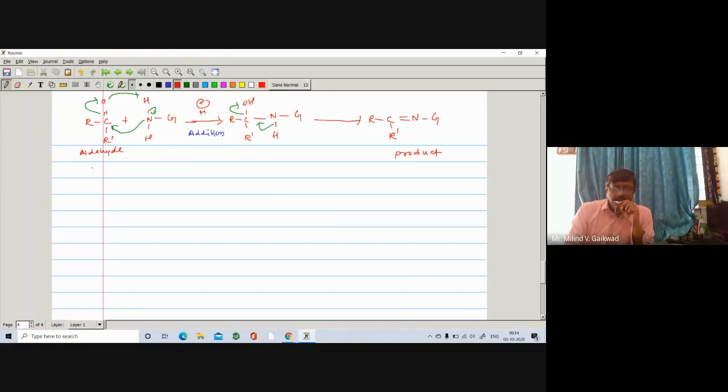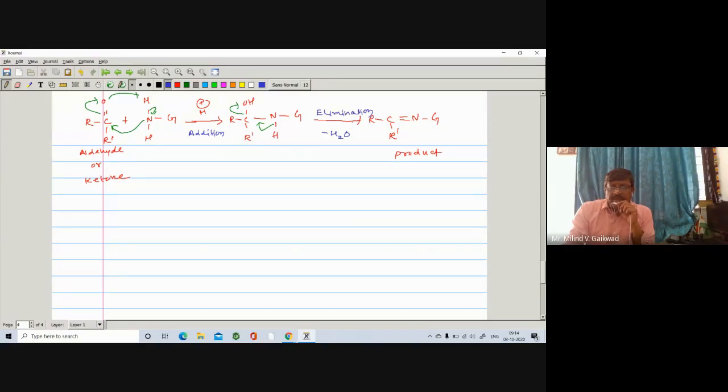Aldehyde or ketone. So this is a simple mechanism. The first step is an addition step, and in the second step there is a removal of water. So it is an elimination step.